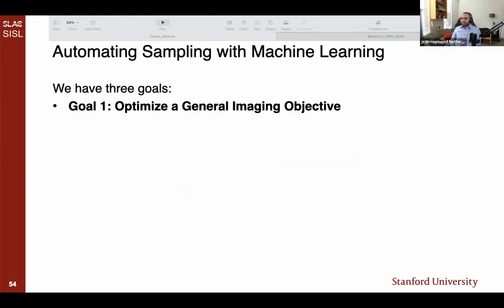All right. So going back to our work, I'm going to go through 3 high-level goals that inform the decisions we made in our methodology. The first one is we want to optimize a general imaging objective.